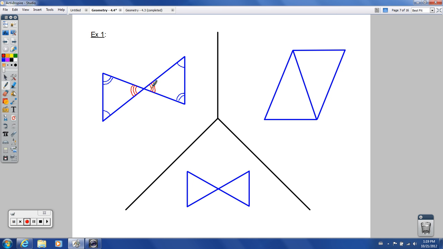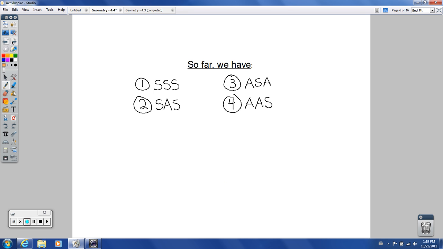But can we prove any of the sides are matching up based on what's here? Well, I don't see anything that lets us say that. I didn't tell you that something was the midpoint. There's no congruency tick marks on here. So in this case, was this one of our four things so far? Is angle, angle one of our four things that we have? Does that actually work?